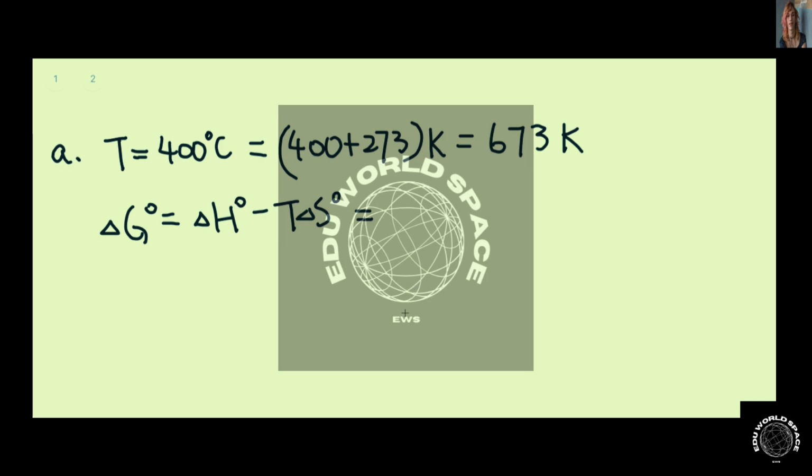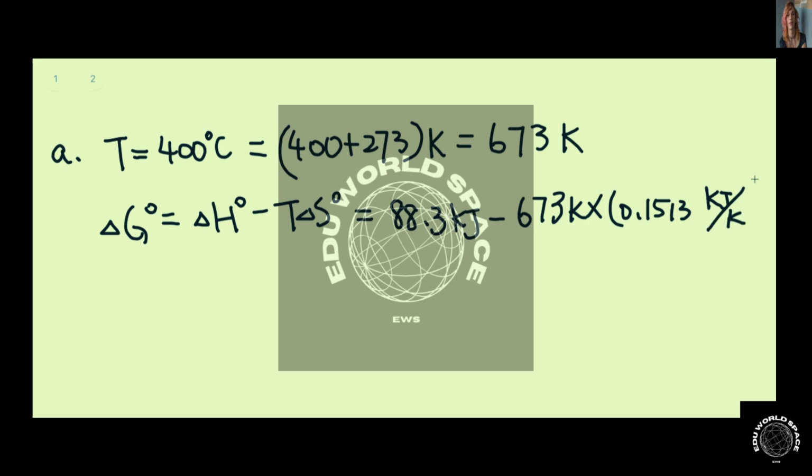That is equal to 88.3 kilojoules minus 673 Kelvin times 0.1513 kilojoules per Kelvin. And the result will be equal to negative 13.5 kilojoules.